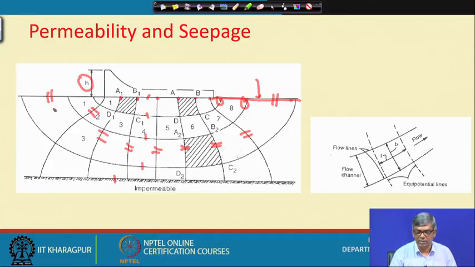There is another guideline which I will mention later. Based on this one has to draw, and now using this, how to find the seepage has to be seen.